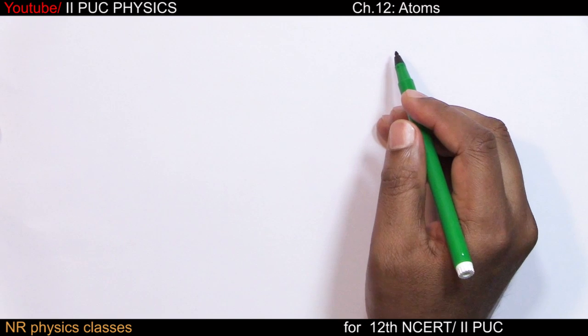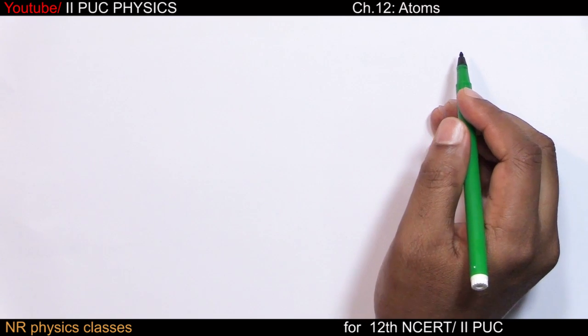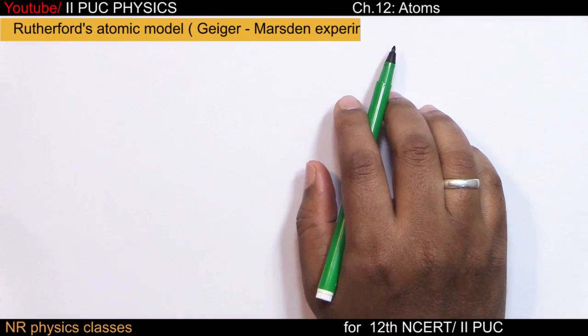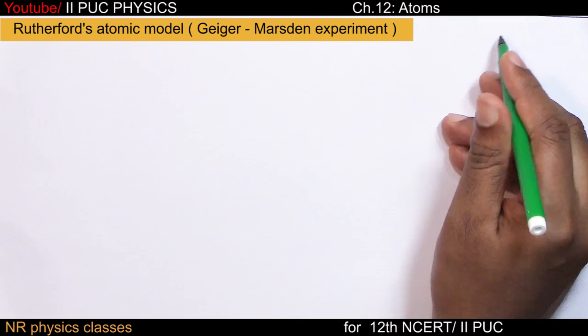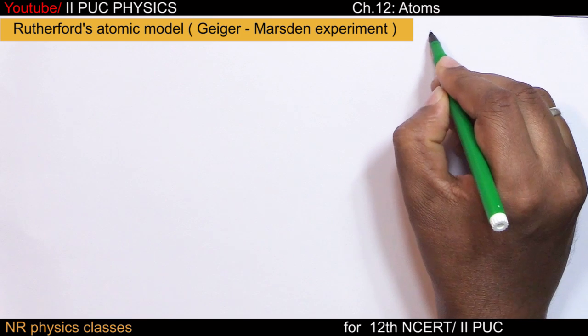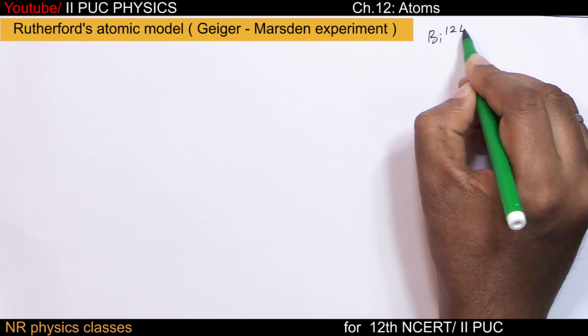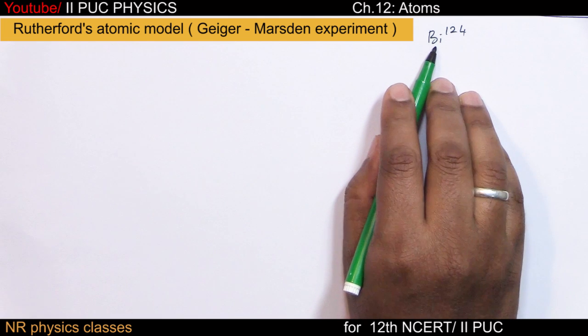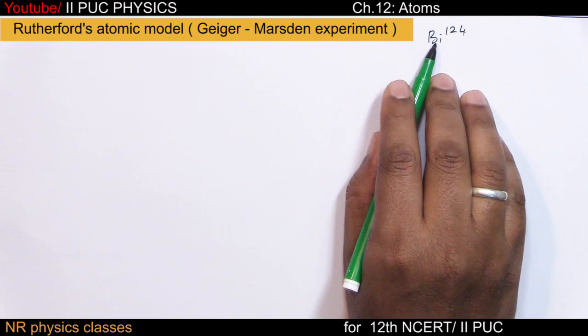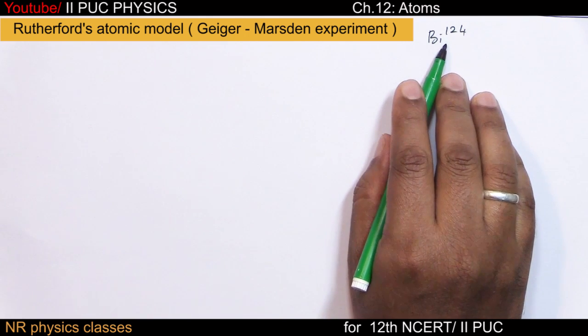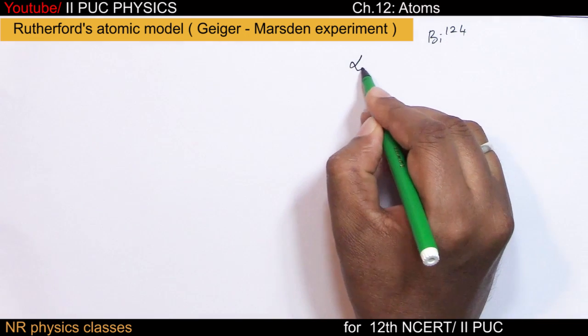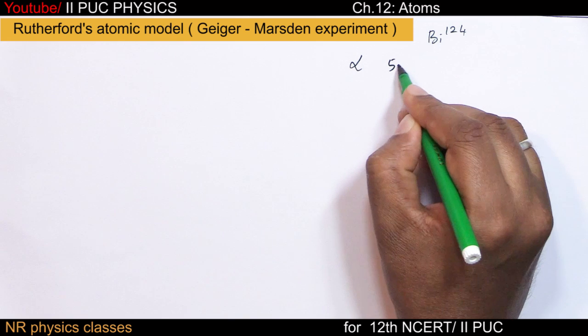Rutherford's alpha scattering experiment. This experiment is also called the Geiger-Marsden experiment. Rutherford suggested the experiment and Geiger and Marsden performed it. So in this experiment, bismuth-124, a radioactive isotope of bismuth, is used to get alpha particles, and this bismuth-124 emits alpha particles of energy 5.5 MeV.